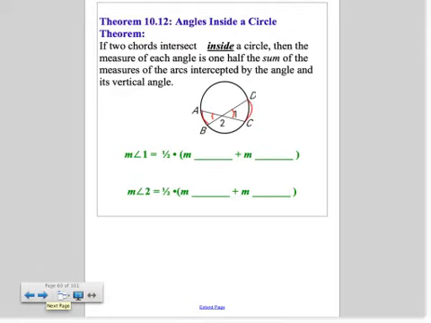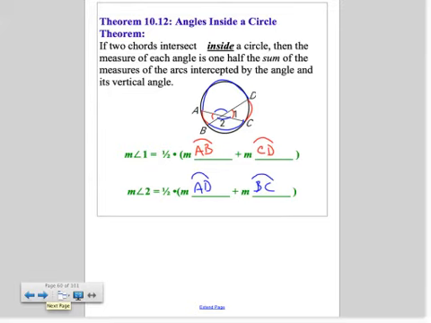So 1/2 times the measure of arc AB plus the measure of arc CD. Similarly, angle 2 and this one are the same. They intercept arcs BC and AD, so the measure is 1/2 times the measure of arc AD plus the measure of arc BC.